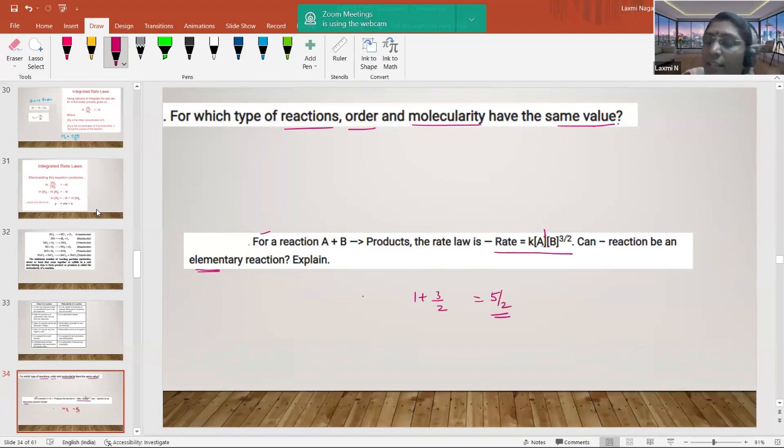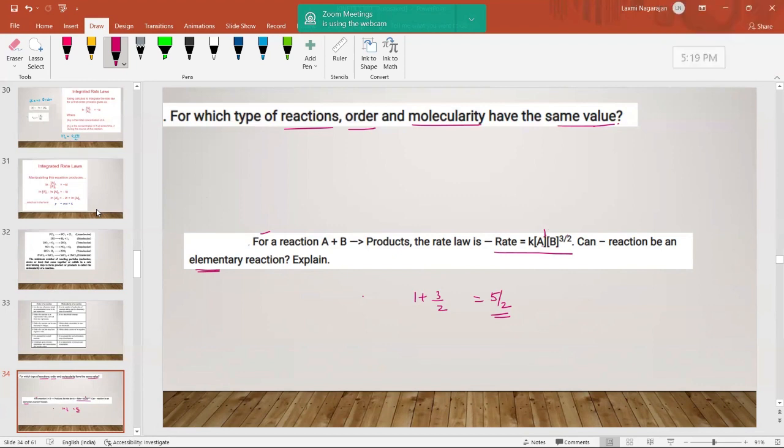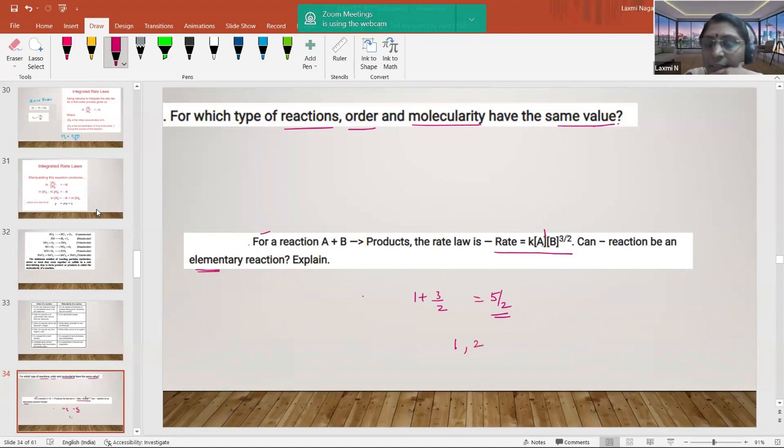Can the molecularity have a value of 5/2? No, ma'am. No way. What are the possible values of molecularity? 1, 2, or maximum of 3. So the statement goes wrong.